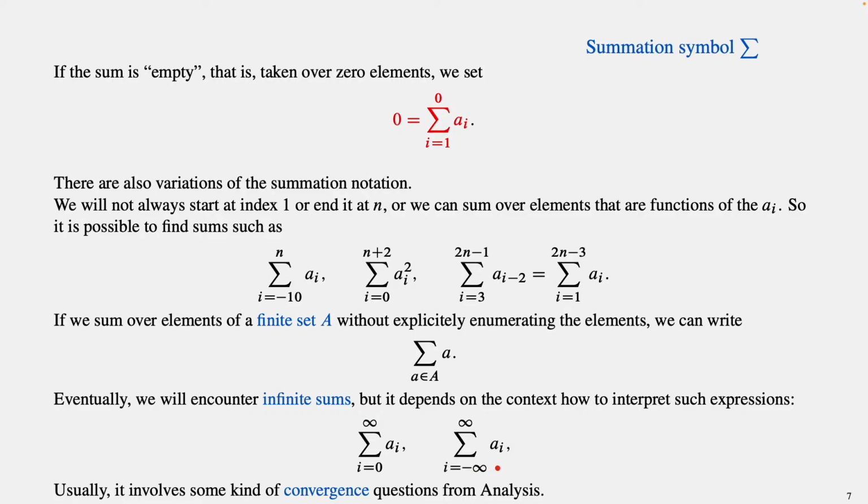And sometimes you even have these doubly infinite sums. So you sum from minus infinity to plus infinity, and here you would sum over a sequence where the indices really run over all the integers and not just the natural numbers. And when you encounter such an expression with an infinite sum, then usually it involves some kind of convergence question that is treated in analysis.